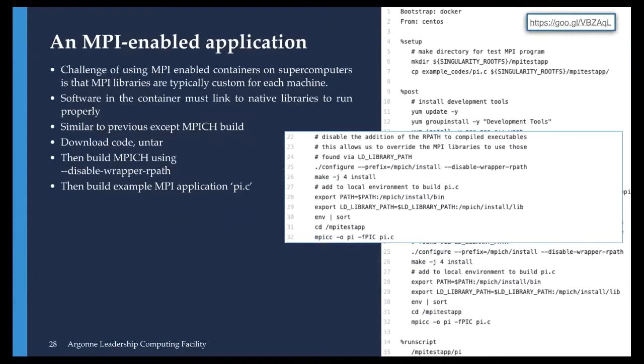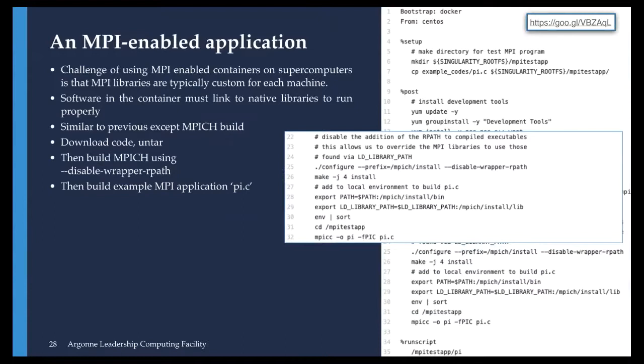And the trick here is that when you run the configure command, you need this disable wrapper rpath specified. This disables functionality in the MPI build wrappers.